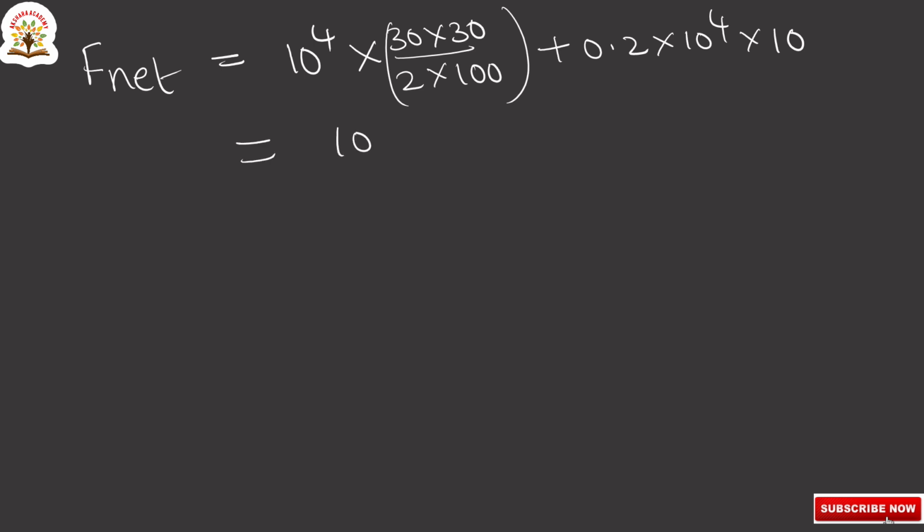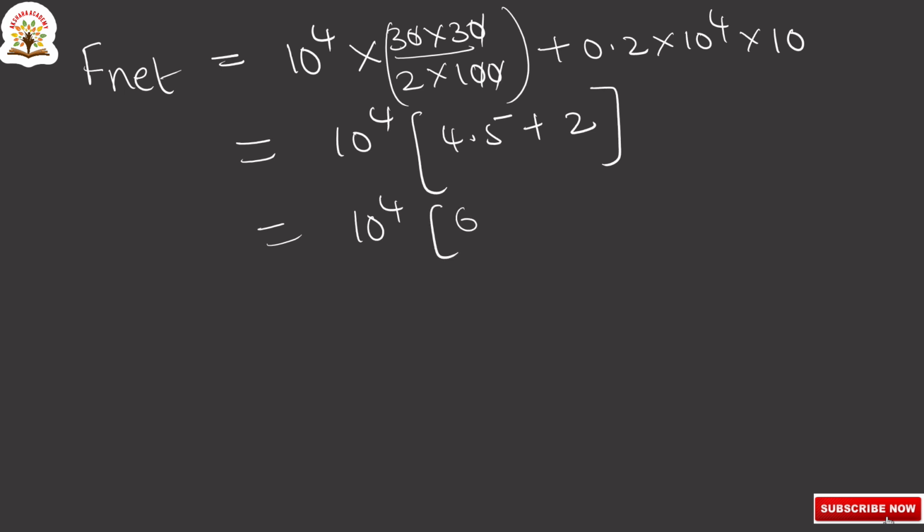So that is equal to 10 to the power of 4, here the zeros cancel, of 3 3s are 9, 9 by 2 becomes 4.5, plus 2. Here we are taking 10 to the power of 4 as common. 0.2 is the decimal representation of 2 by 10, the 10s cancel. So 10 to the power of 4 of 4.5 plus 2, 6.5.